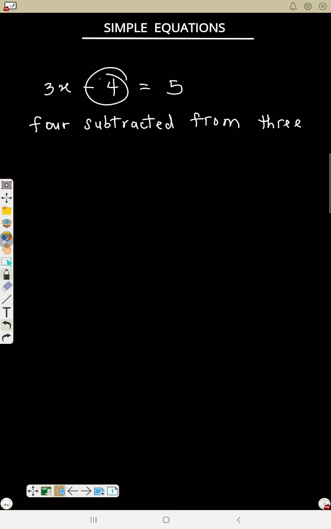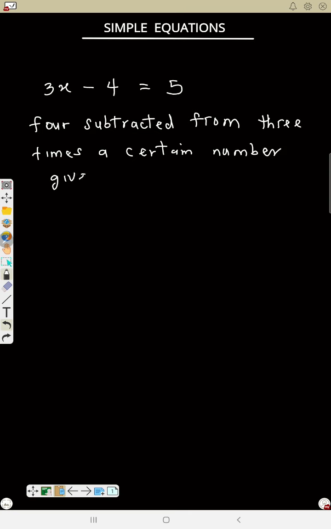So 4 subtracted from 3 times a certain number gives 5. So equal to means gives.